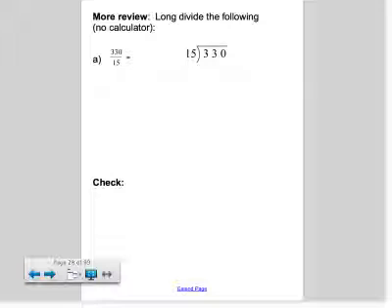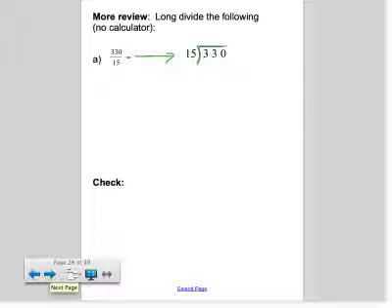Alright, long division. Understand what's going on here. In other words, this goes back probably to late elementary, early middle school. 330 over 15 is the same thing as 330 divided by 15. A couple things to note here, just some terminology.